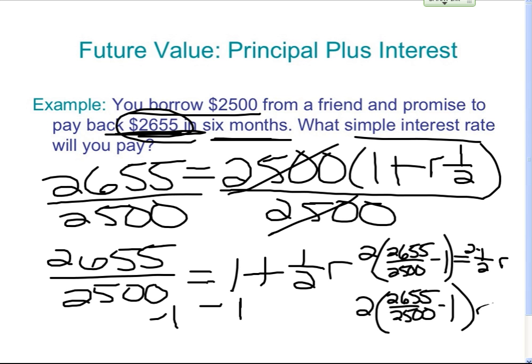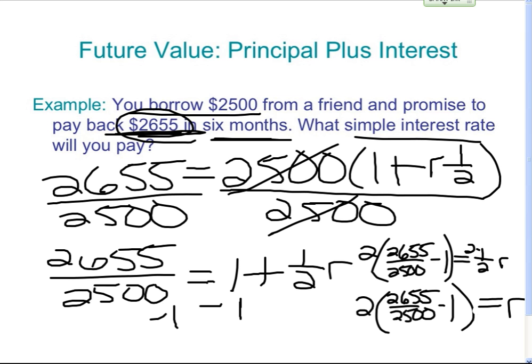This is where we put it in the calculator, inside parentheses first. So we're going to take the 2655 and divide it by 2500. That will give us a decimal. Keep that number in your calculator. Subtract the 1. Keep that number in your calculator.